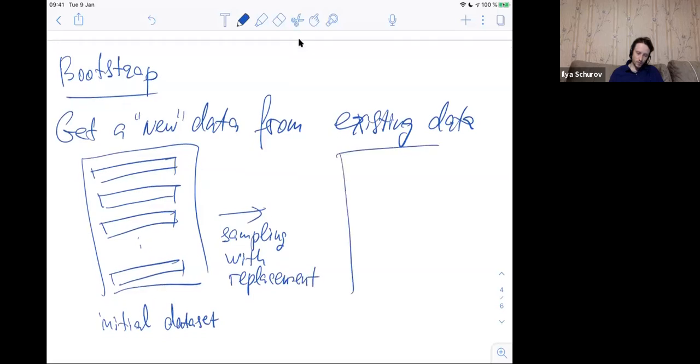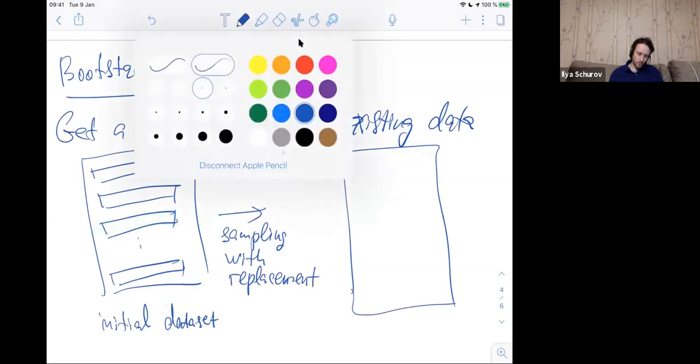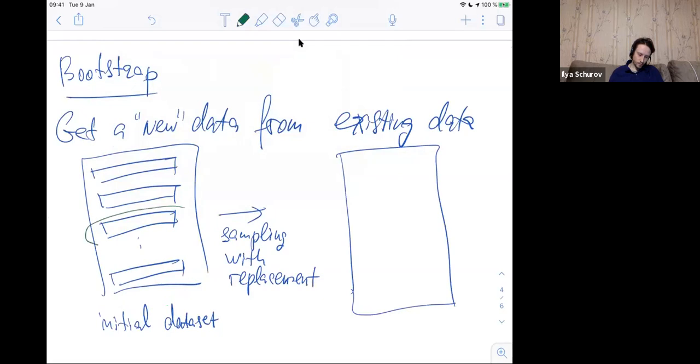What is sampling with replacement? I get this initial data, and I pick one observation from this data randomly. For example, this observation, and I put it in the first place in my new data set. So this is my new observation.